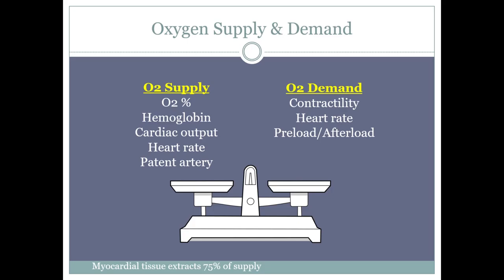The more resistance there is, in other words, the higher your blood pressure, the harder the heart has to work to get it out. So it typically will form more heart muscle, hypertrophy, to overcome that. So again, all those things create more oxygen demand. That supply has to increase to meet that increased demand. If it doesn't, that's where we start to get signs and symptoms of ischemic heart disease.